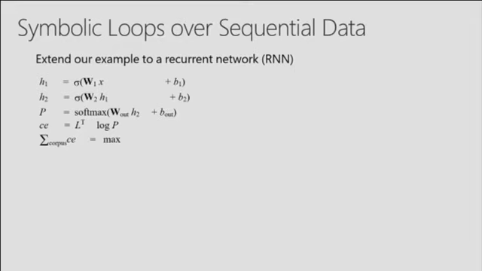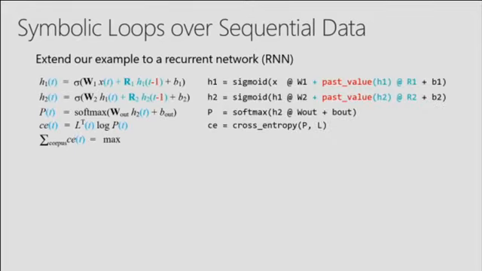So looking at sequences, let's think about what happens if we want to have a network that handles sequence data. In that particular case, we need to introduce the concept of time. On the left are the basic equations that I just showed you in the previous example. Now, if I want to make it a recurrent network, here are the modifications I need to make.